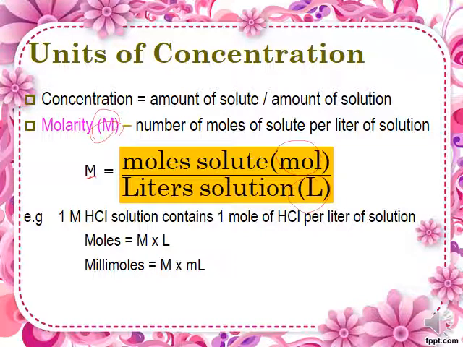For example, a 1 molar hydrochloric acid solution means it contains 1 mole of hydrochloric acid per liter of solution. To prepare this, per liter means we may use distilled water, double distilled water, or deionized water to prepare this 1 molar hydrochloric acid solution.